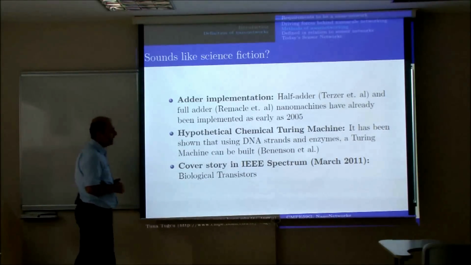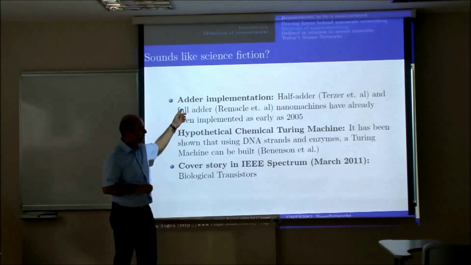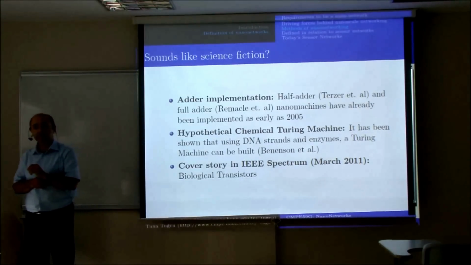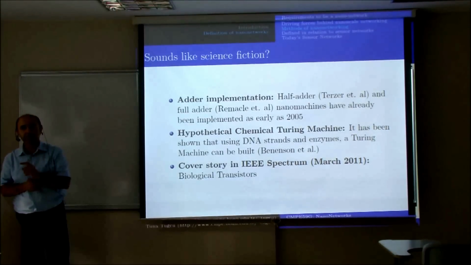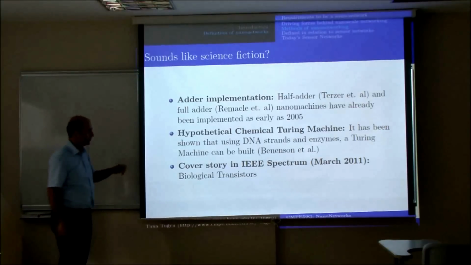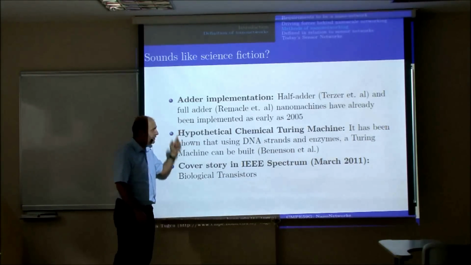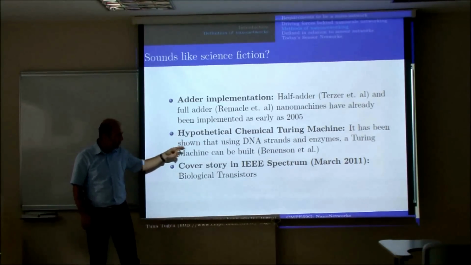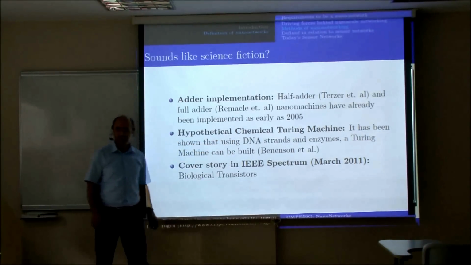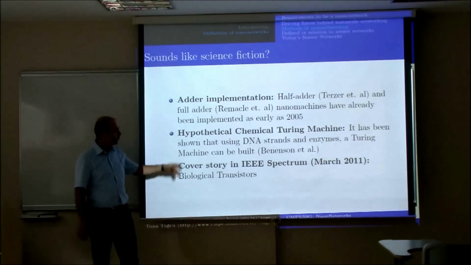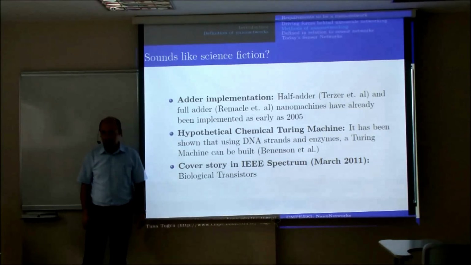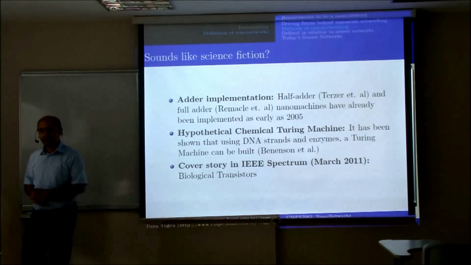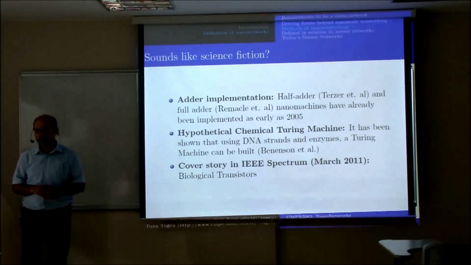They've already done the half adder and full adder as early as 2004 and 2005, respectively. Even full adder is done. Benson has proved that DNA strands and enzymes can be used to build a Turing machine. It's a hypothetical approach because it's a Turing machine, but he has proven that it could be done.